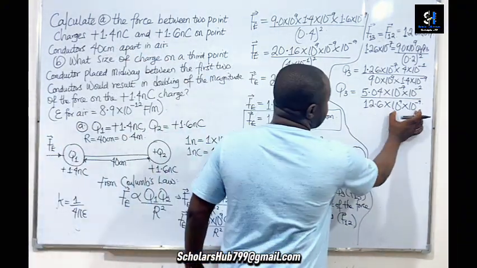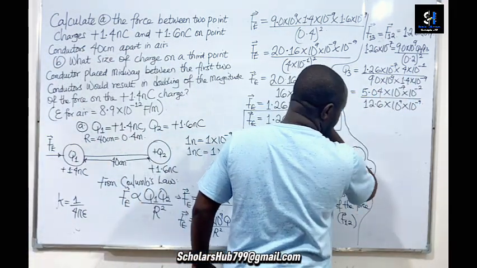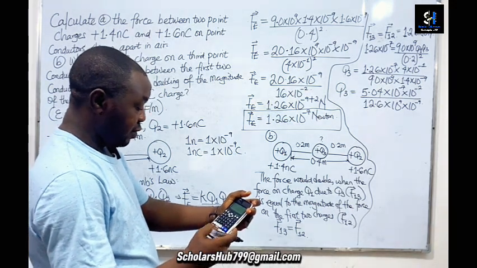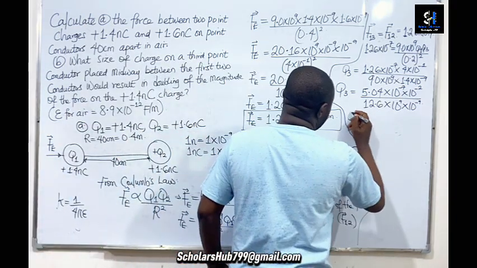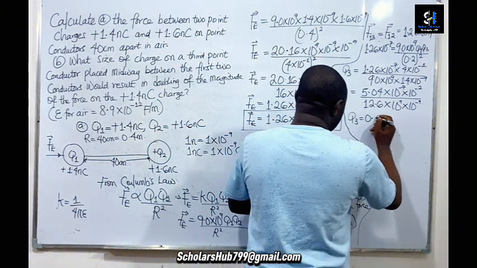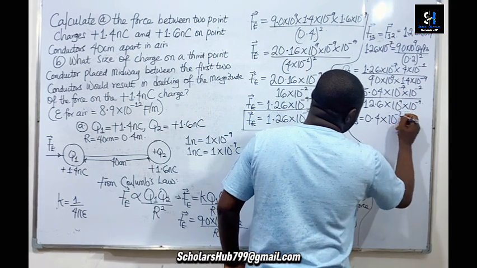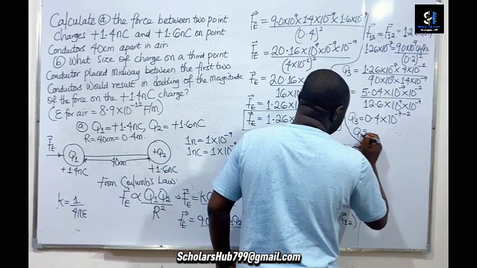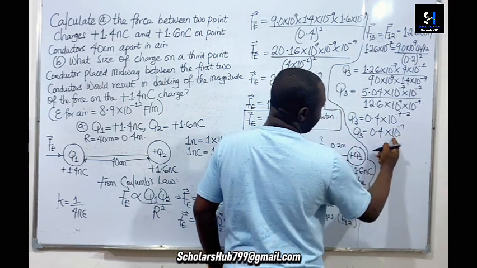Applying the properties of exponents, this will be 10 raised to the power of 0. So what is 5.04 divided by 12.6? That will be 0.4. So we have Q3 equal to 0.4 times 10 raised to the power of minus 7 minus 2, and this Q3 will be equal to 0.4 times 10 raised to the power of minus 9.